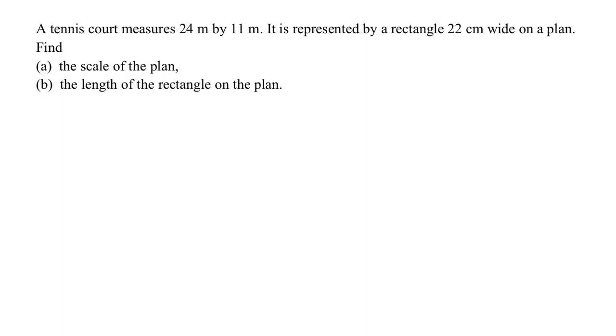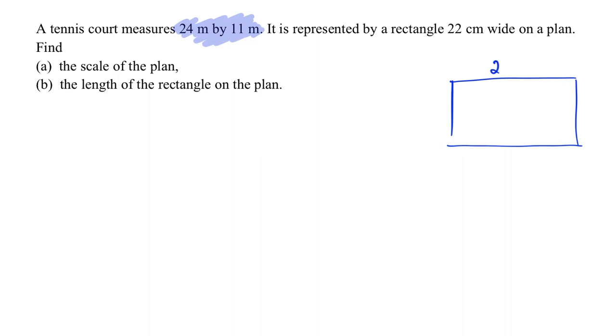Alright, hello everyone. Welcome to this part of the video where we are given that a tennis court measures 24 meter by 11 meter. So if you are someone who is not very good at visualizing it, the best way to do this would then be just to draw a sketch.